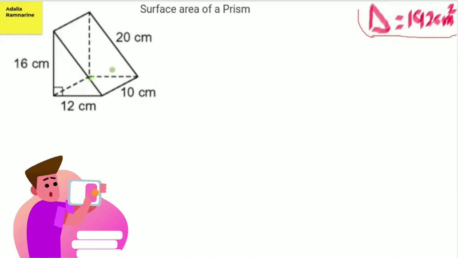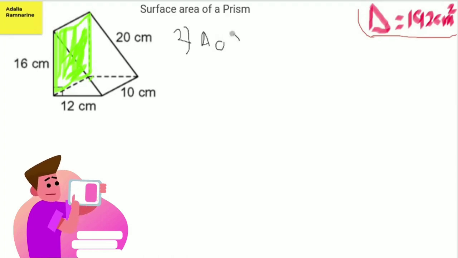Now we can start with any side rectangle. So this is the side that I'm going to be using. The area of a rectangle is base times height.